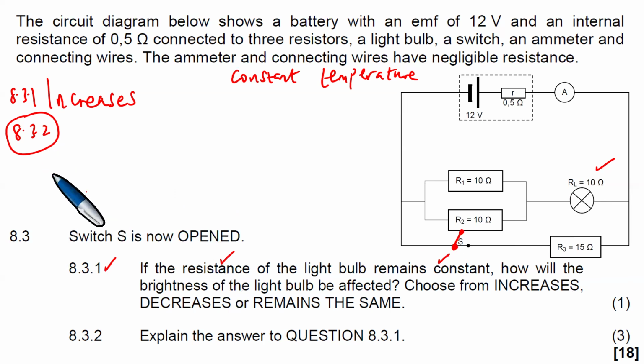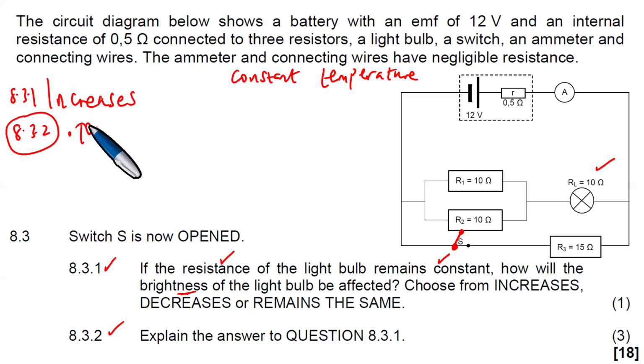So we expect, therefore, in 8.3.1, the brightness, because they're asking how will the brightness of the light bulb be affected? We expect the brightness to increase. Why? First point, we need to explain the answer here in 8.3.2.